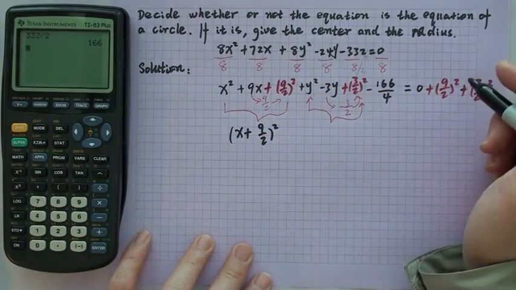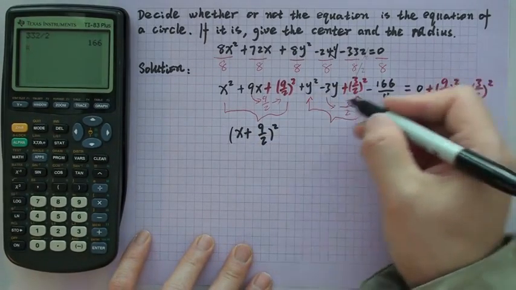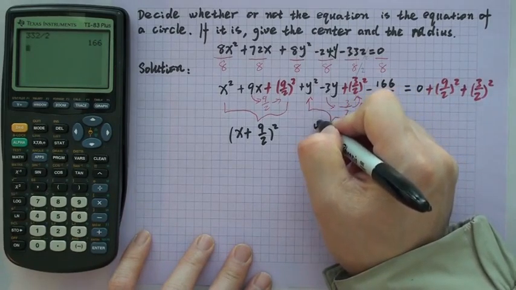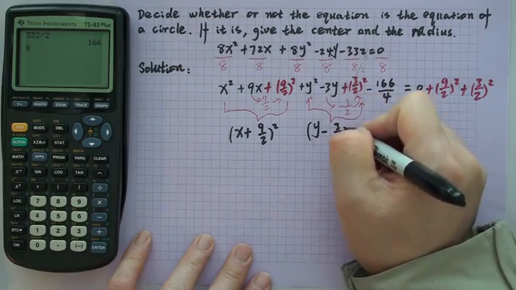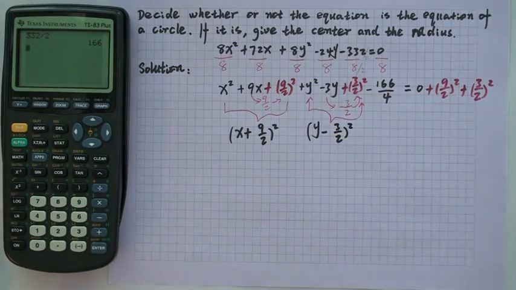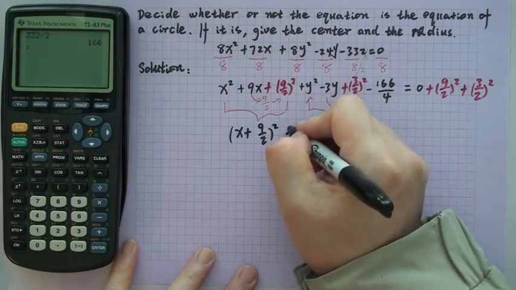And these 3 terms together will be y minus 3/2 squared.